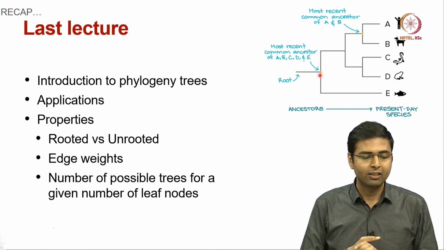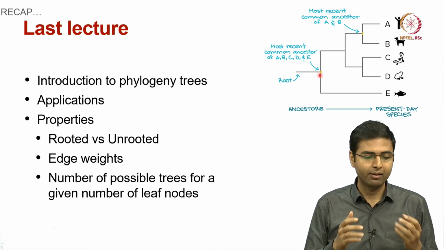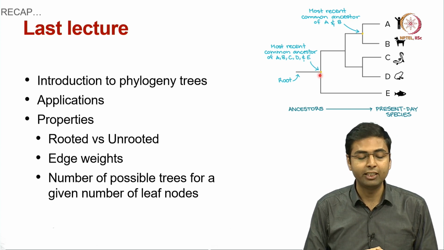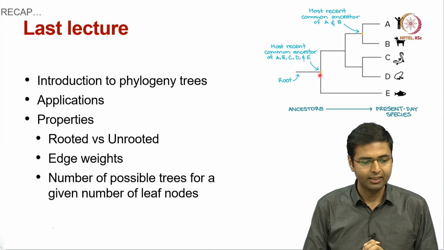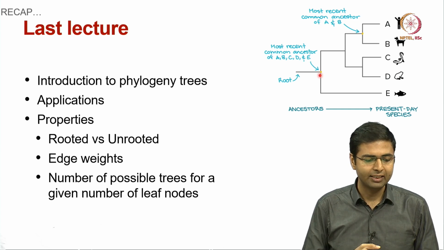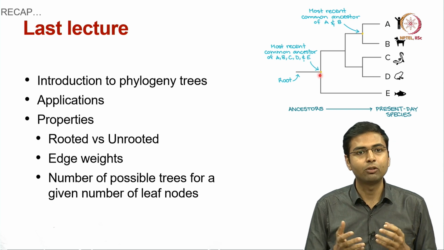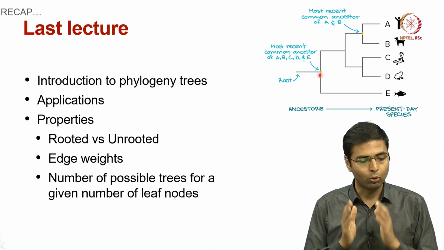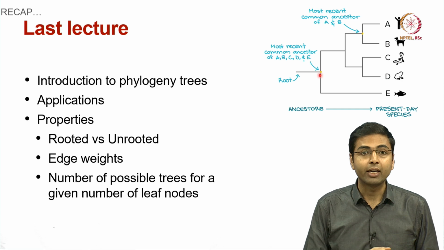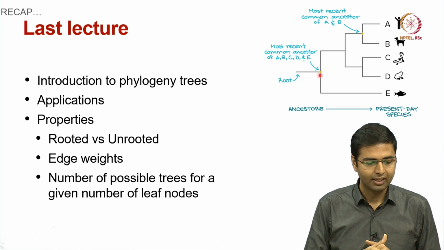We also looked at multiple applications of why building phylogeny trees is important. And finally, we looked at the properties of these trees, that is the difference between rooted and unrooted trees. What do we mean by edge weights?